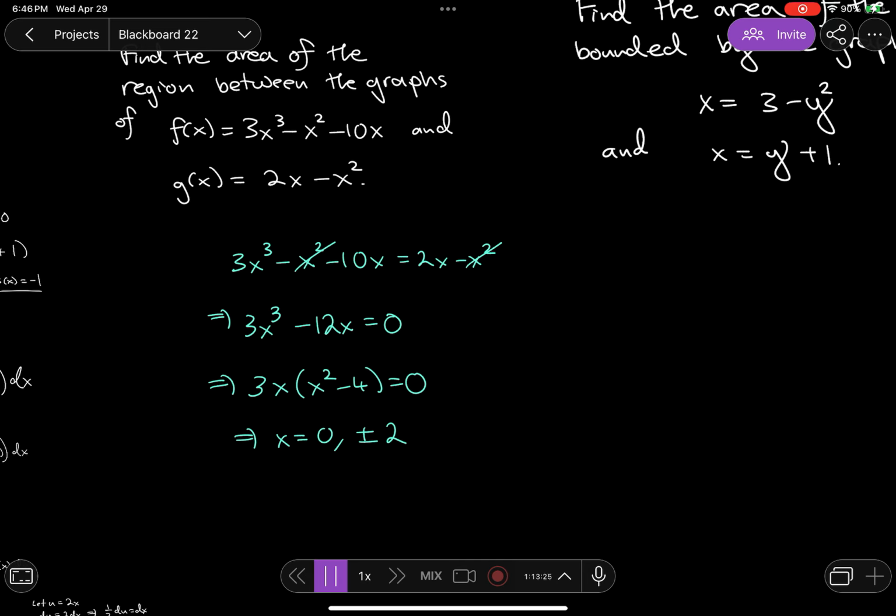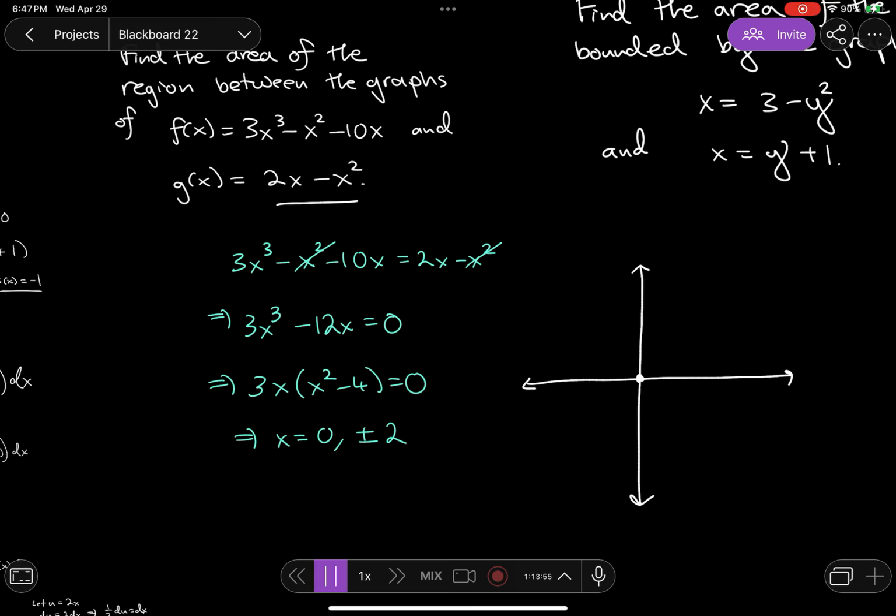To kind of get a little bit of an idea, I would graph these. We know how to graph these functions. First of all, the x-intercepts of this guy are going to be 2 and 0. And I'm noticing that this will have an x-intercept of 0.